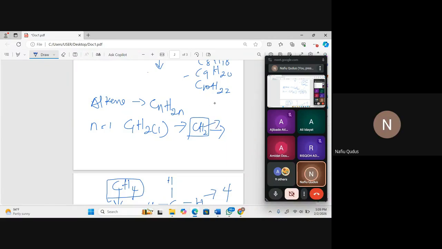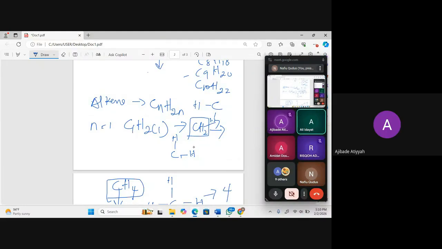When you have CH2, are we together? When you draw it, how many bonds does it surround this carbon itself? 2. We have 2, right? And we said the bond that must surround the carbon must be how many? 4. Right?